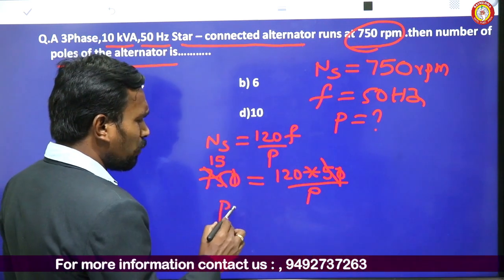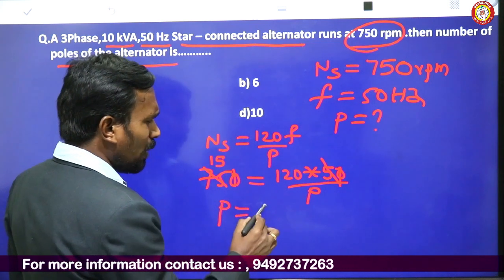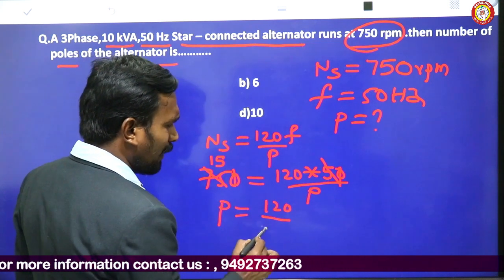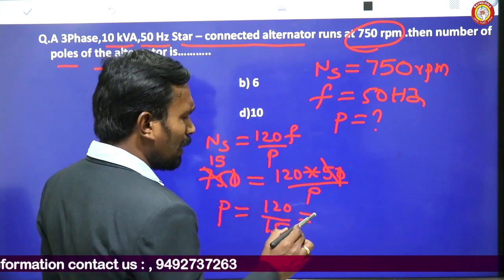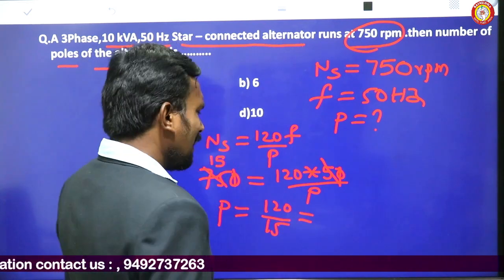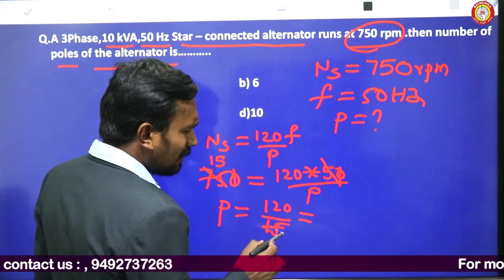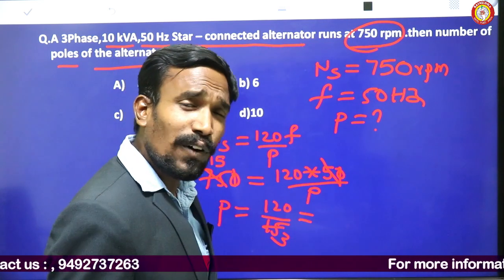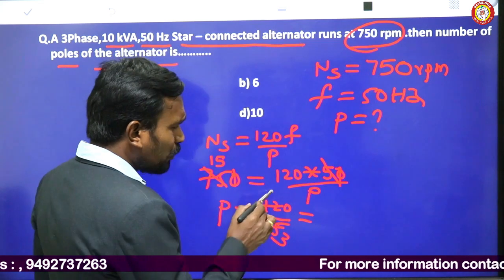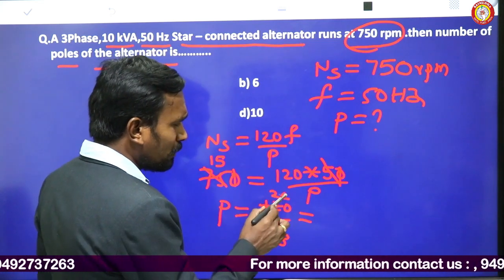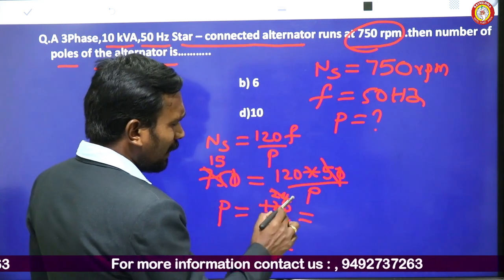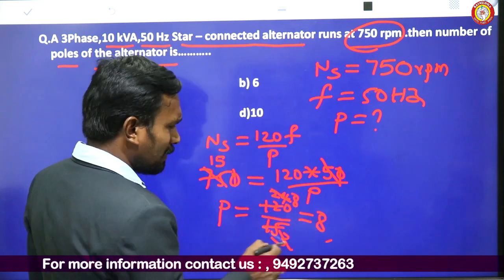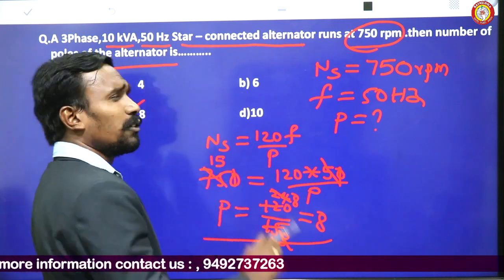So P is equal to 120 by 15. How can we get the answer for 120 by 15? Let's calculate. 5 threes are 15, 5 twos are 10, and 5 fours are 20. Of course, 3 ones are 3, 3 eights are 24. So the number of poles is equal to 8.